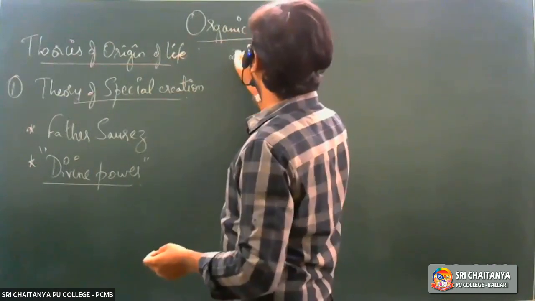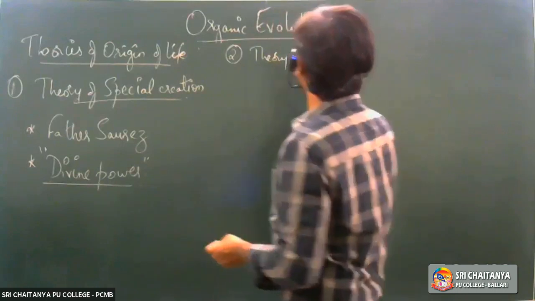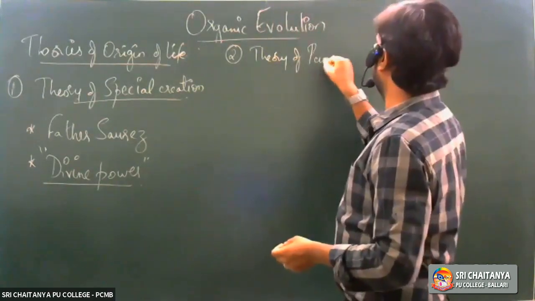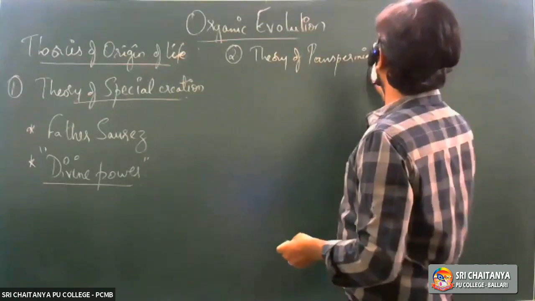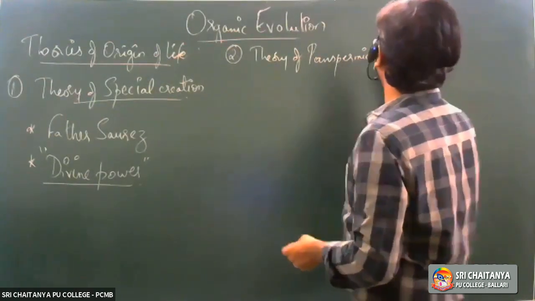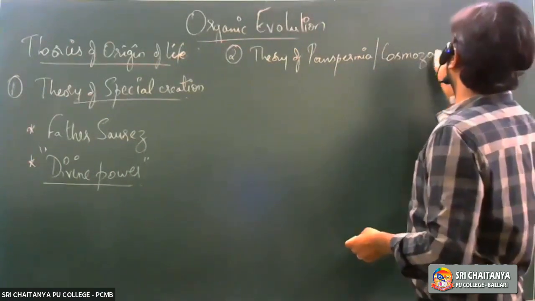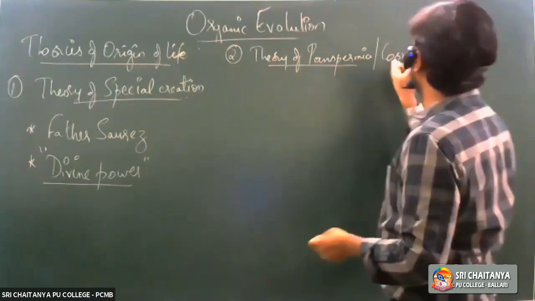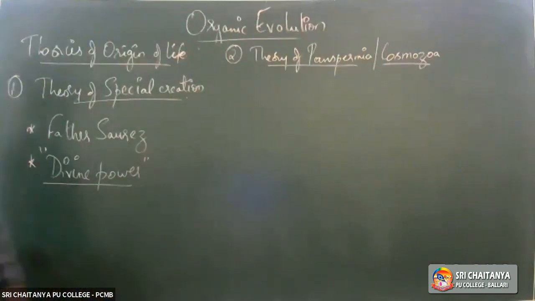The second theory we have is the theory of panspermia, or it is also called the theory of cosmozoa.